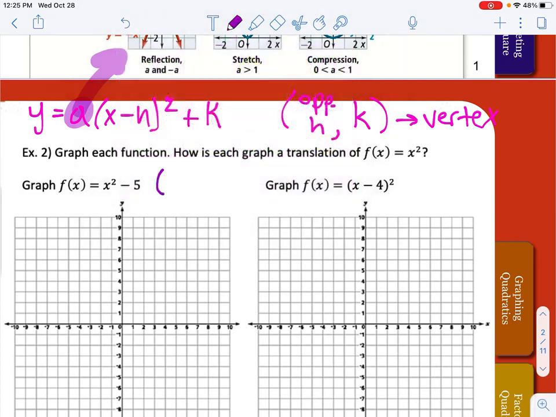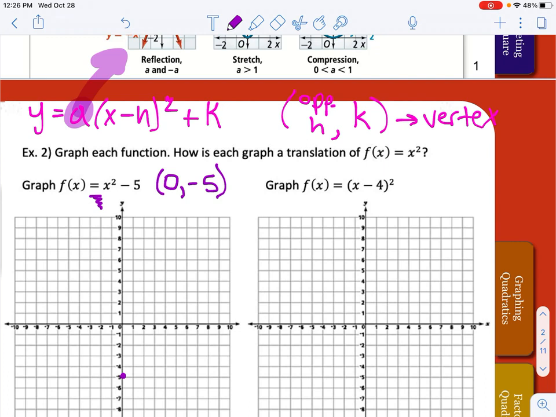If our vertex is the opposite of h, which doesn't even show up in this one, h is 0, and then k stays the same, -5. So our vertex is over 0, down -5. Then from here, nothing is multiplying this guy.